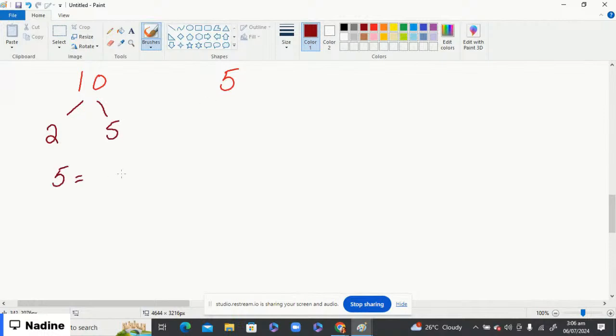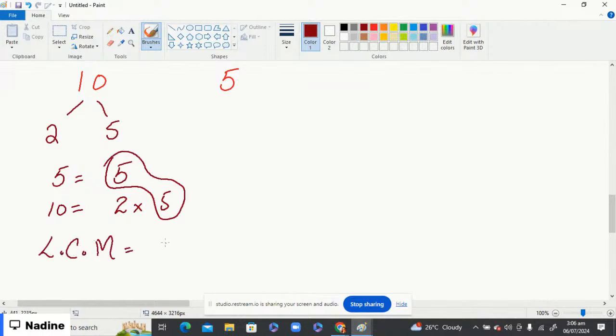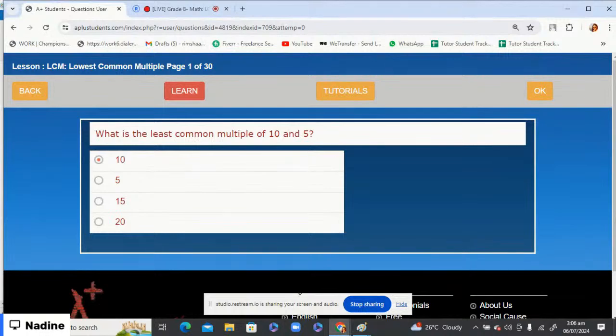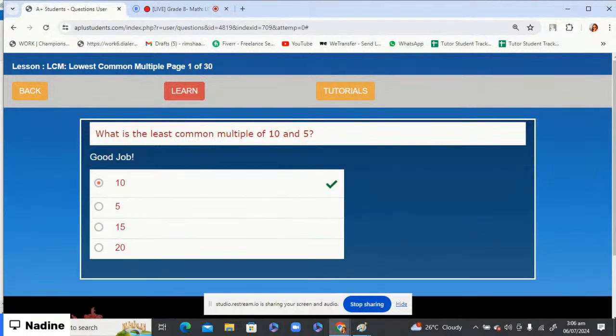So for 5 it's 5, and for 10 it's 2 times 5. The 5 is common. So what is your LCM? Only 2 times 5, which is 10. So it's 10. Let's check whether that is the right answer or wrong. This is right.